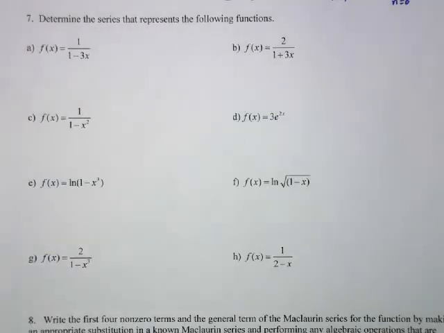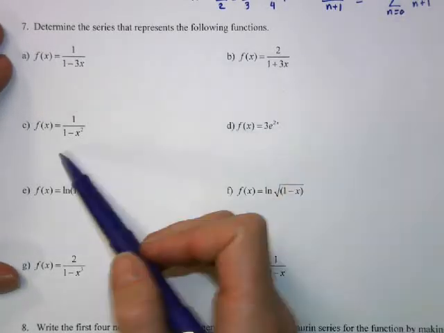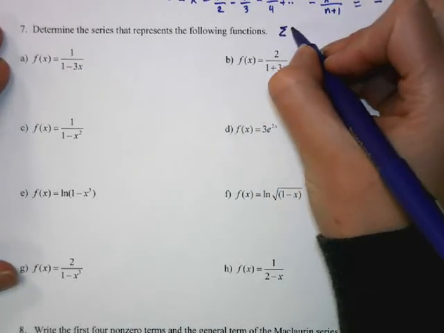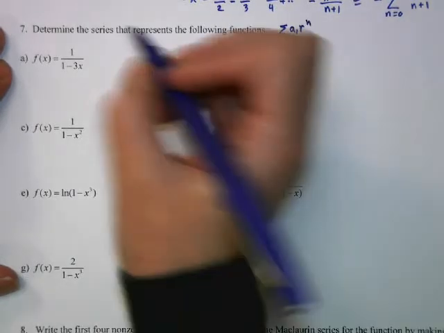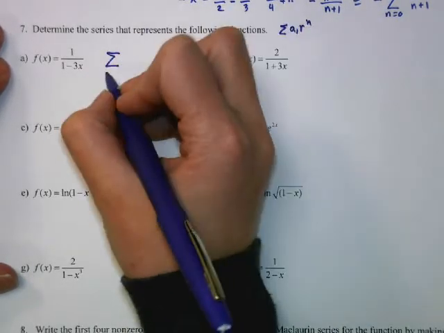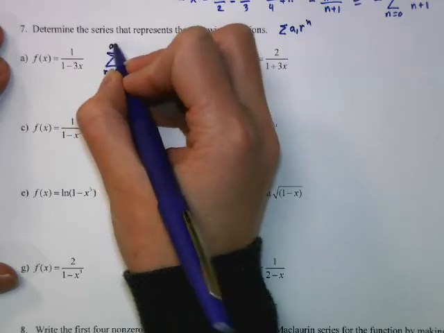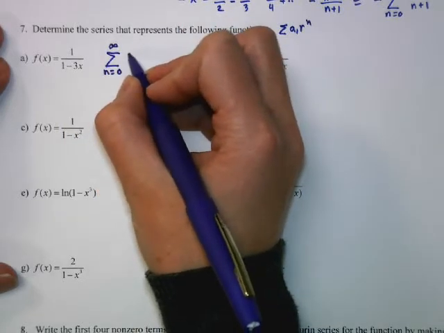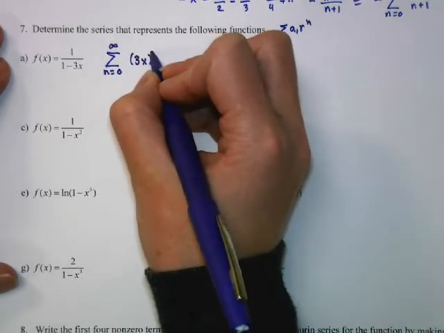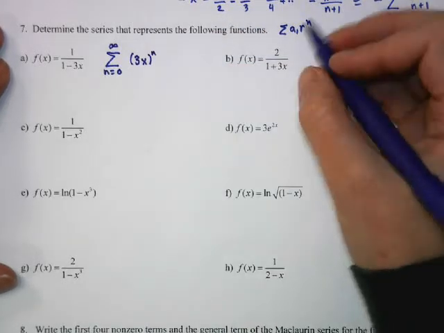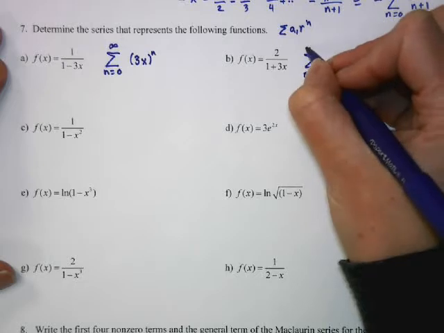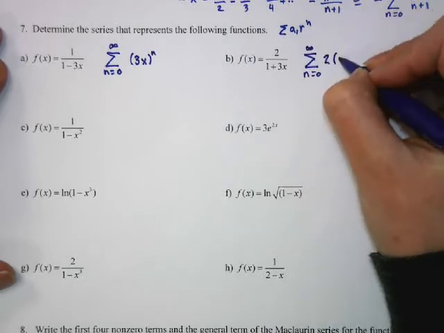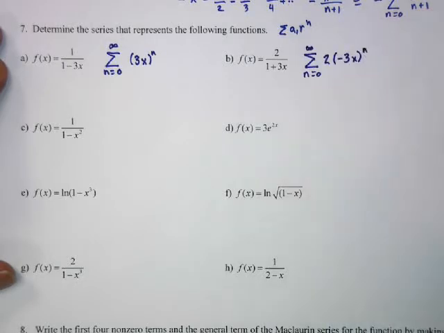Okay, so we're going to write the series for these different functions. So these first 3 are all infinite geometric, and that's always going to be a1 times the common ratio to the n. So here, this is going to be the series starting at 0 to infinity of 1 times 3x to the n. Here, we're going to have 2 times a negative 3x to the n.